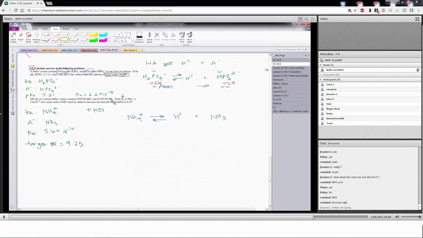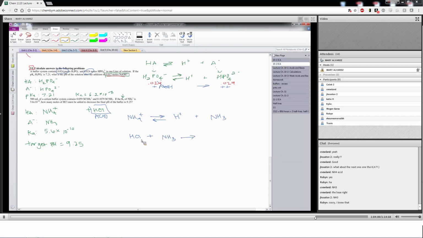Because HCl is an acid, and acids react with bases. So the base here is my A minus, my NH3. So we've got a buffer system that's got some of each of these, and then I'm going to add some HCl, and it's going to react with the base, because acids always react with bases.